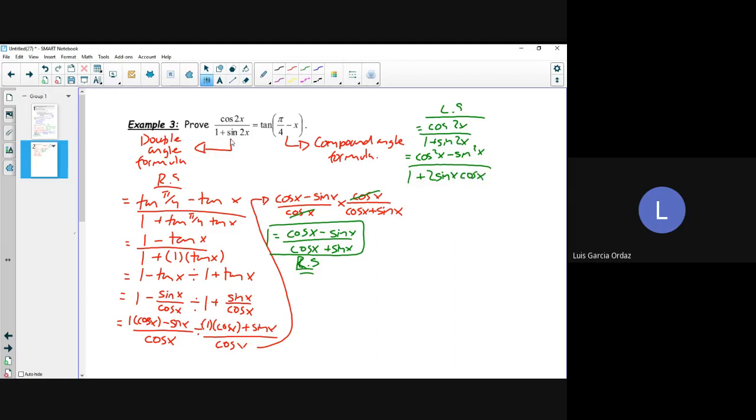So you get 1 plus 2 sine x cos x. So when we look at this, the coefficient of 1 is throwing us off. So we need to somehow figure out what trig identity gives us a value of 1.